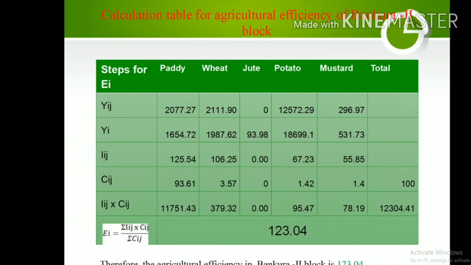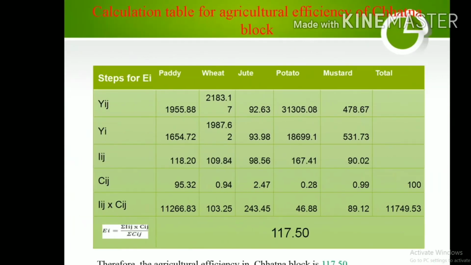You see the agricultural efficiency of Bakura 2 block. After using this formula, the value of agricultural efficiency is 123.04. So, the agricultural efficiency in Bakura 2 block is 123.04. In case of Chatna block, the agricultural efficiency is 117.50.